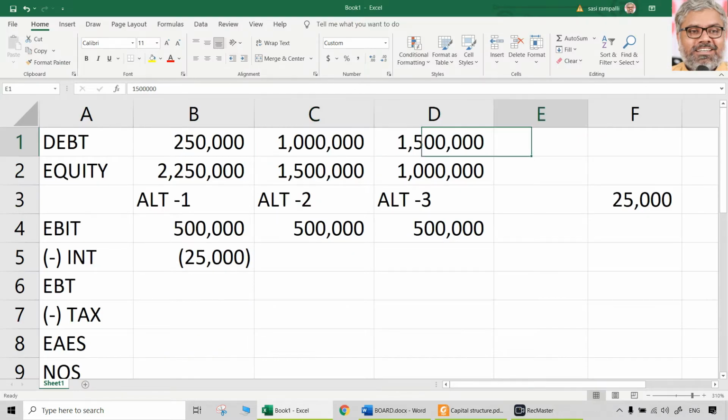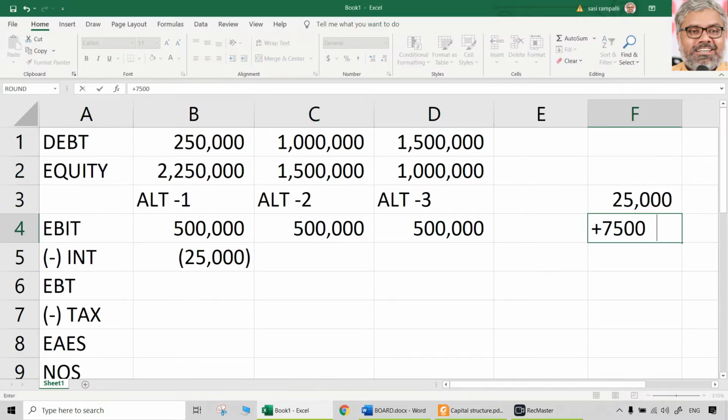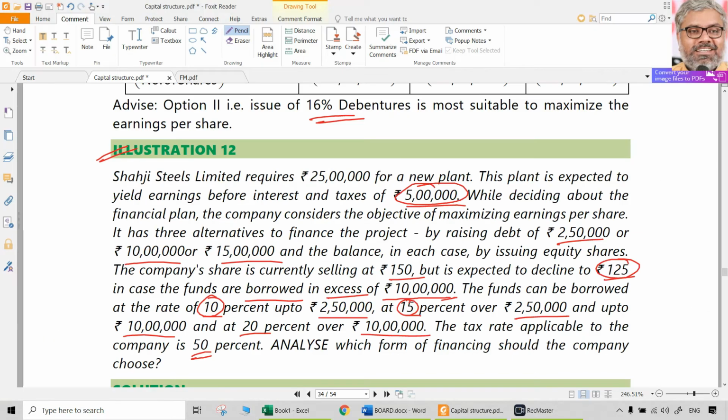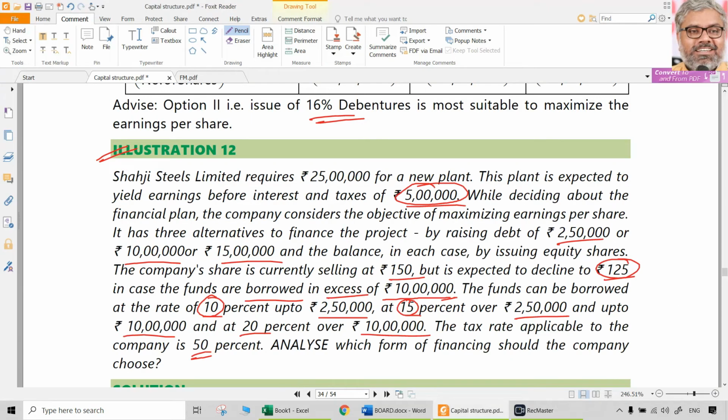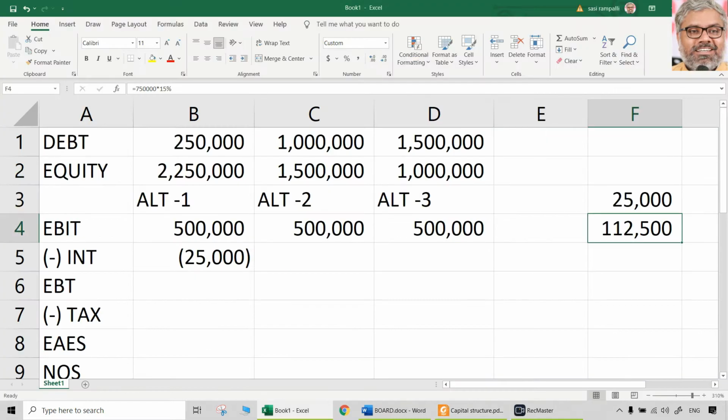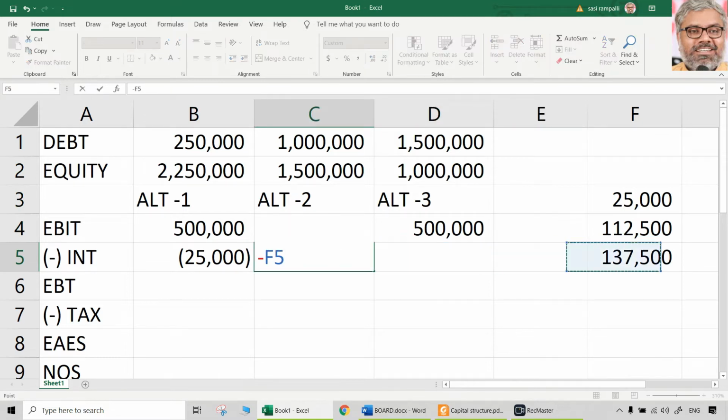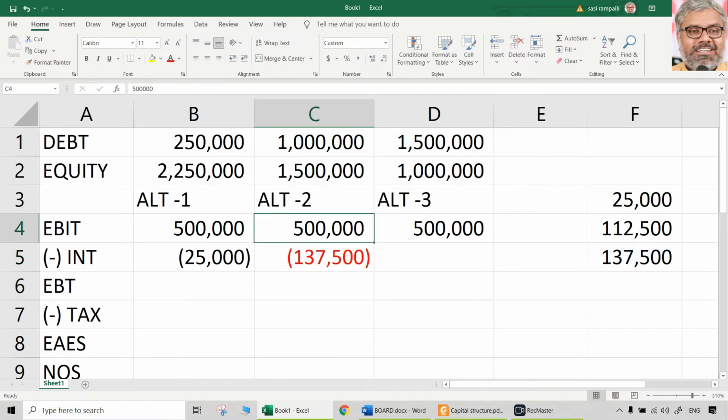So on the remaining 7,50,000, rate of interest applicable will be 15% as given in the question. So between 2,50,000 and 10 lakhs debt, rate of interest will be 15%. So what is the total interest in this situation? That will be 1,37,500. That can be taken. 1,37,500 as interest in alternate 2.